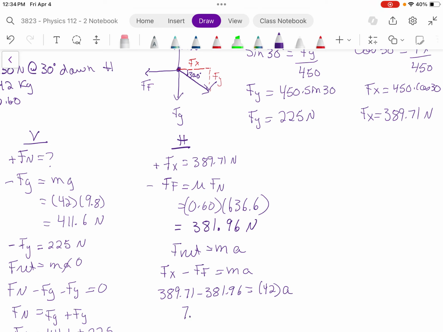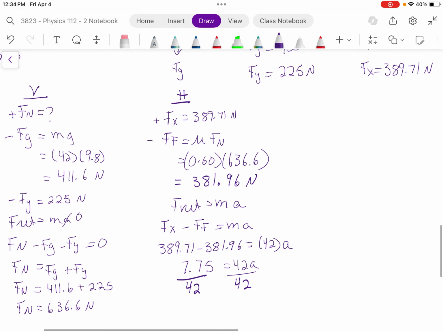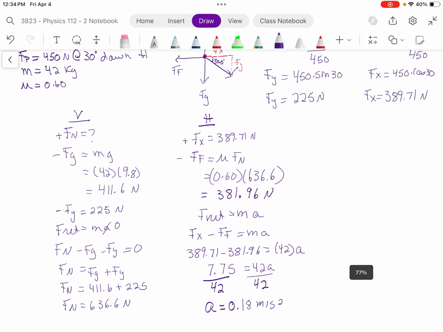We have that 7.75 equals 42a, and so we're going to divide by 42, and we get an acceleration of 0.18 meters per second squared.